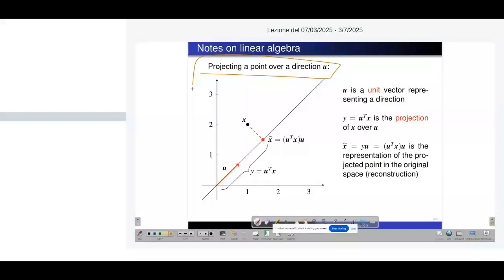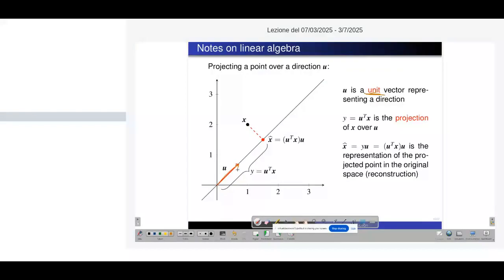First of all, we represent a direction with a unit vector. That is a vector that has unit norm. The norm of u is 1. A vector that has a unit norm represents a direction in this way: we can imagine that we consider the axis that is pointed to by the arrow associated to the vector.